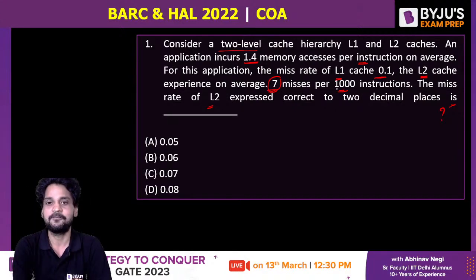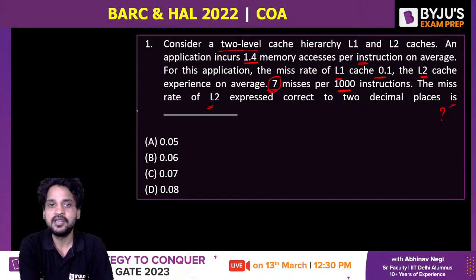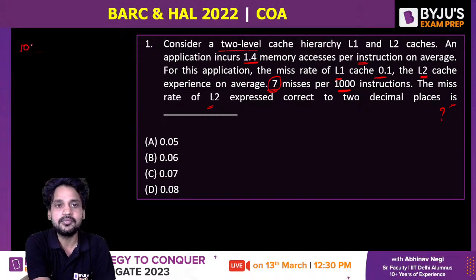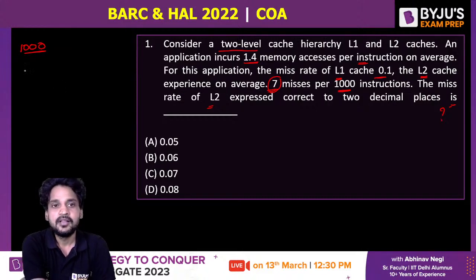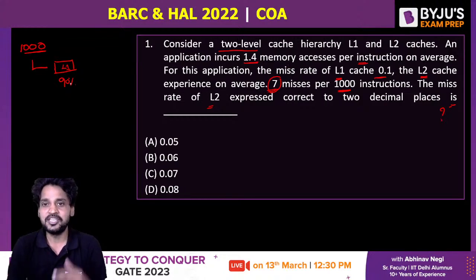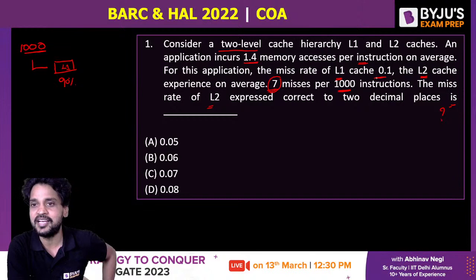Just try to understand. Here it is given 1000 instructions. Let me write. Let us say this is an application which has 1000 instructions in it. When these 1000 instructions get executed, first of all, you know that in the L1 cache itself, 90% of the instructions will be found, because it is very clearly given that the miss rate of the L1 cache is 0.1.